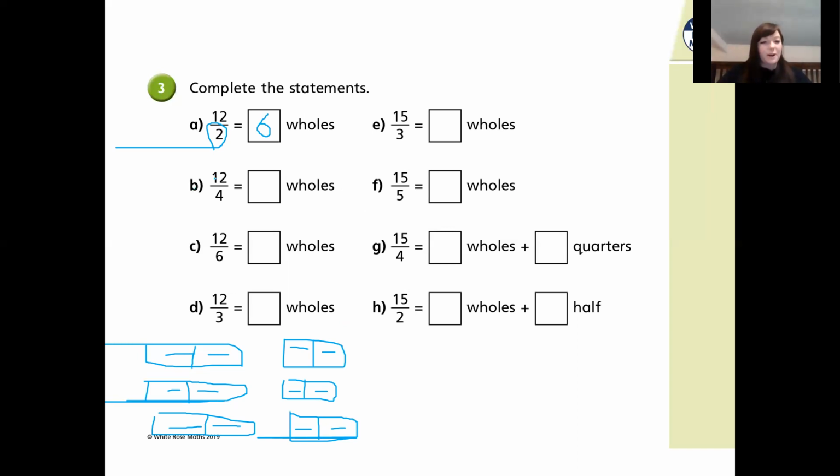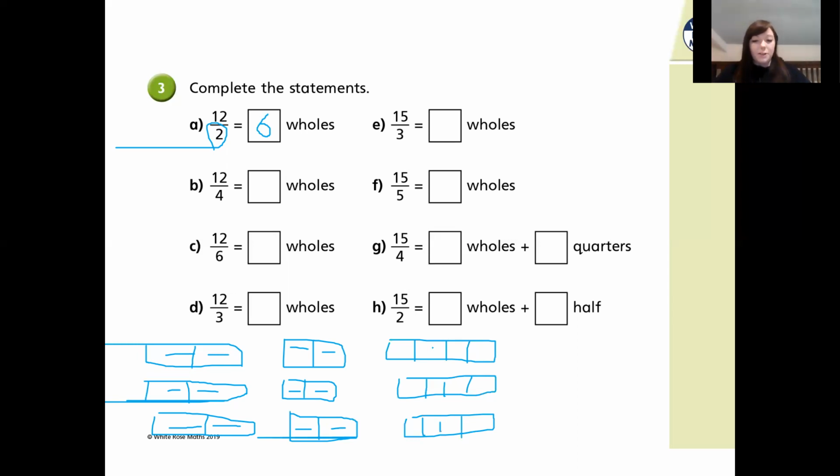I think I could do 12 divided by 4, and that would tell me how many wholes I can have in 12 quarters. Now you could check that by drawing some bars with quarters. And then you could colour in 12 of them just to check that I'm right.